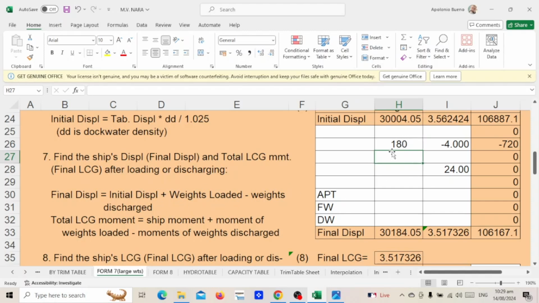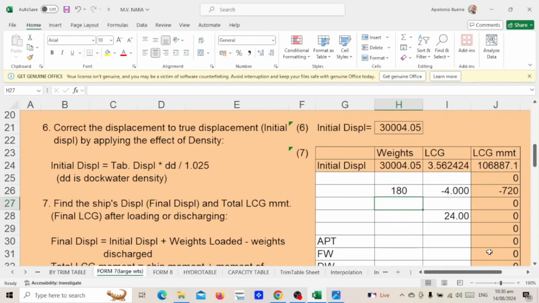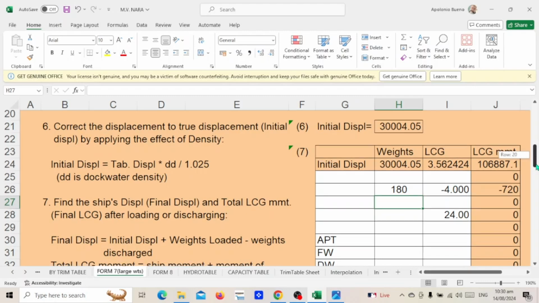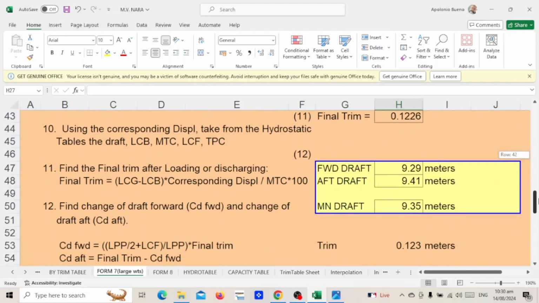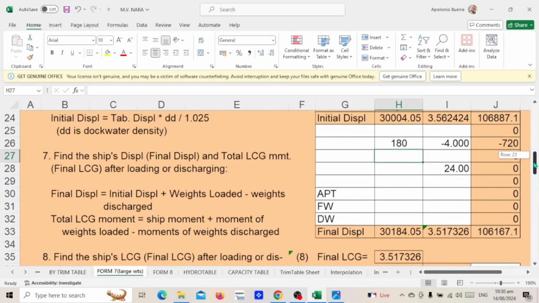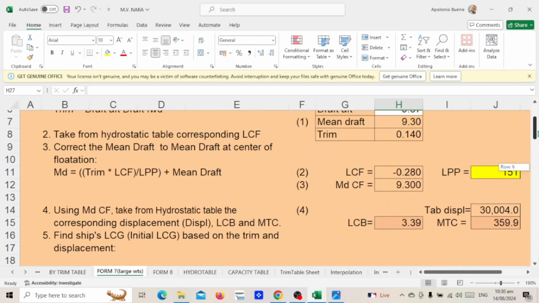So you put 180, this is positive. When you already put the weight here with your LCG of negative 4 meters, what will be your final draft? Okay, let me see here.